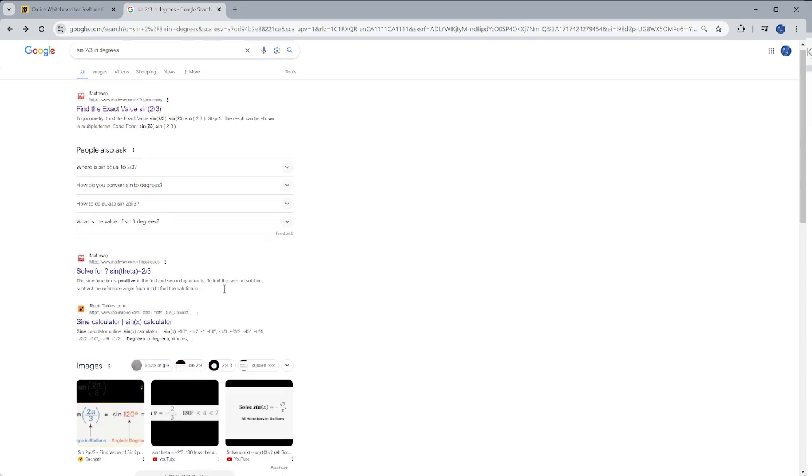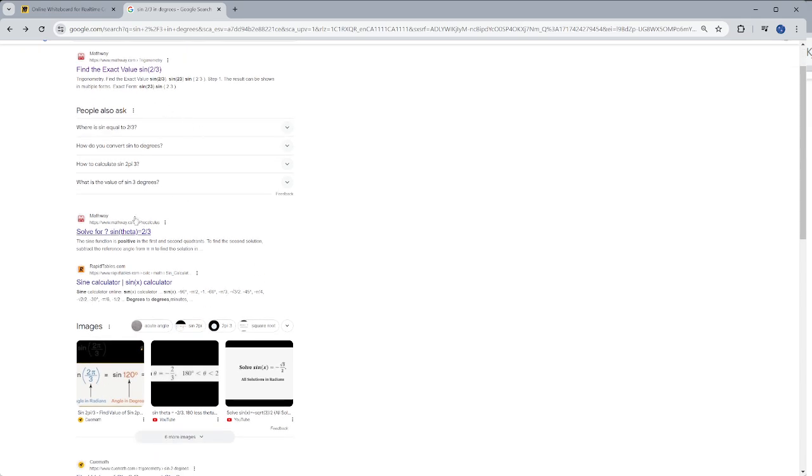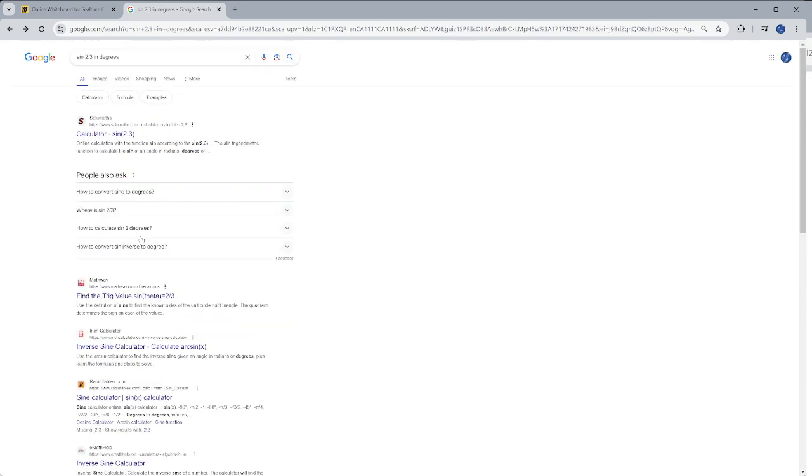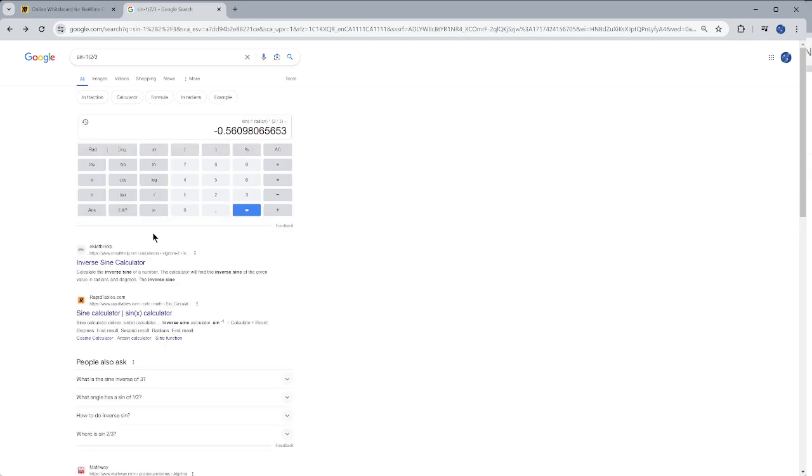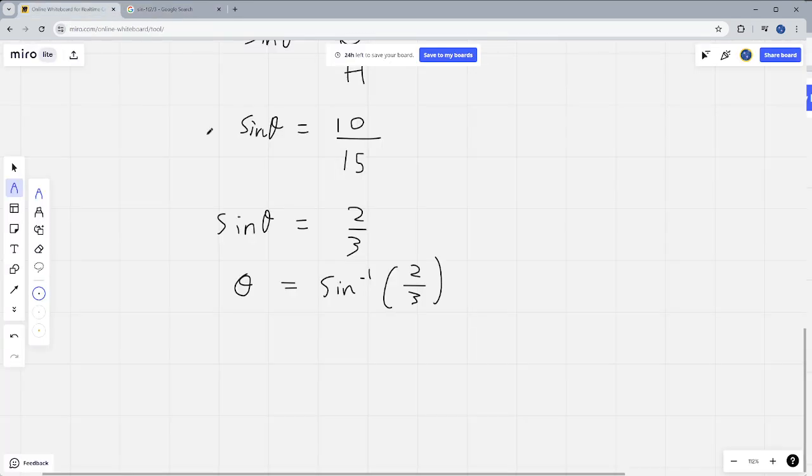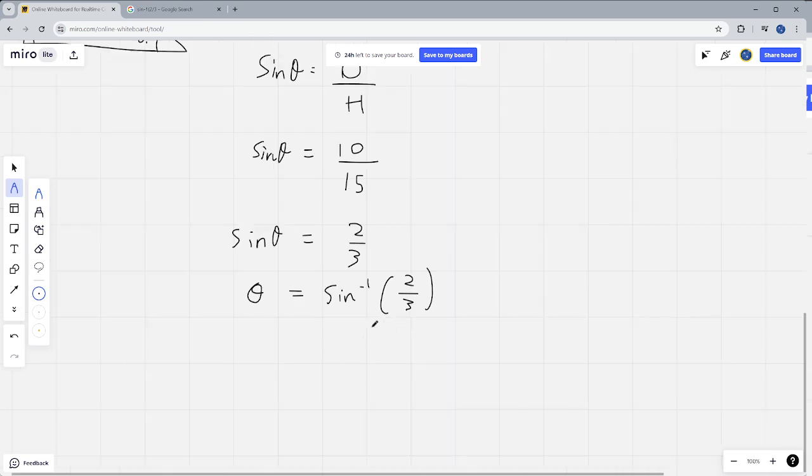Good. It's much easier on your physical calculator, but you should get an answer. This would be radians, so you'll have to convert it to degrees. But again, we'll go through how to do this on your calculator in a bit. Typically, you're going to hit your second function and your sine button, and then enter your 2 over 3, right? And that'll give you whatever angle this ends up being.